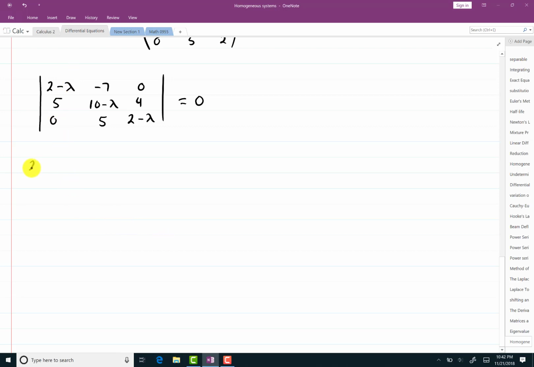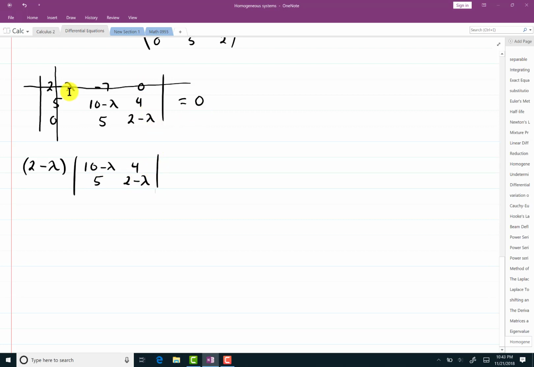So I'll have 2 minus lambda times the determinant. Remember how this works. I get rid of the row that it's in and the column that it's in, and then what's left over is a little mini matrix. 10 minus lambda, 4, 5, 2 minus lambda.